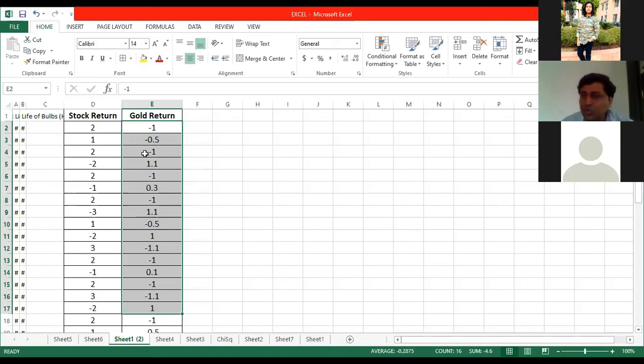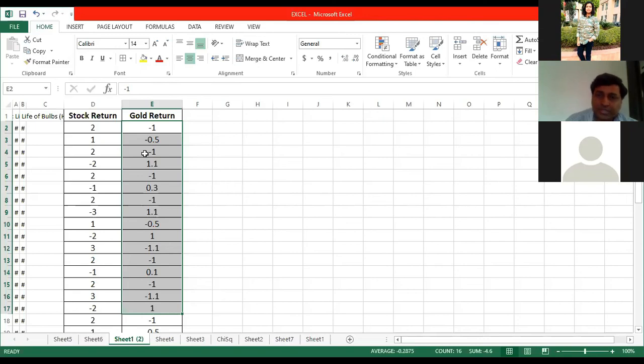So in today's scenario, if you look at, let's say, the last 2 months, the stock is falling, okay, and corresponding to that, if you look at the gold returns, gold is giving a positive return during the same period.